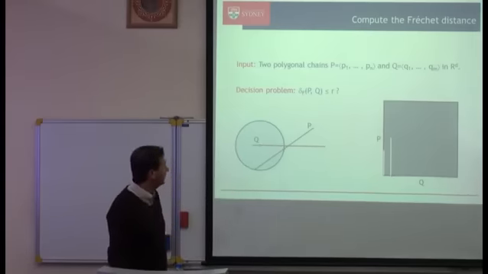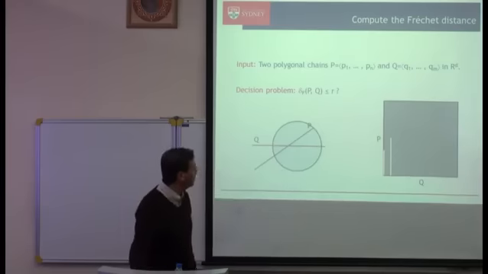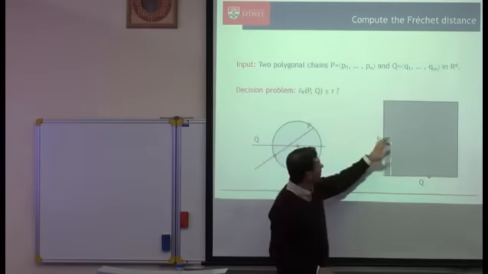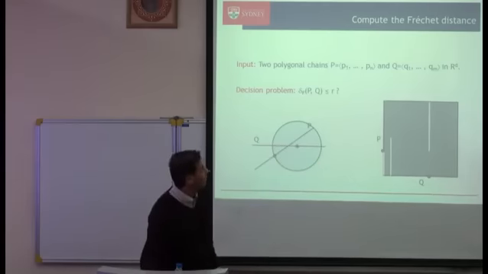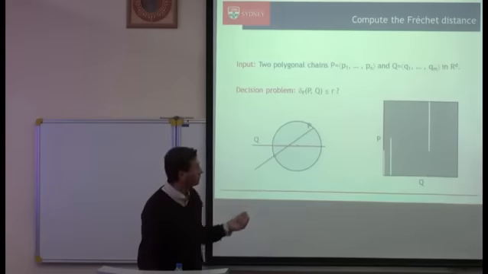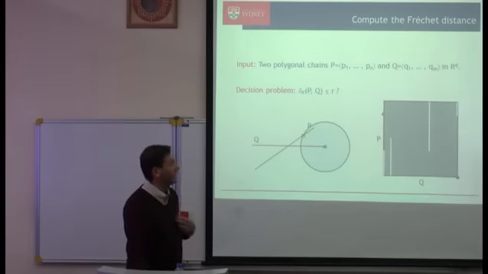And now I can continue like this. Now I hit the end point of P. I do the same thing. I put this point here, this point here, and I can see that everything above is now white. Right? And then I reach the end, and again I can see.